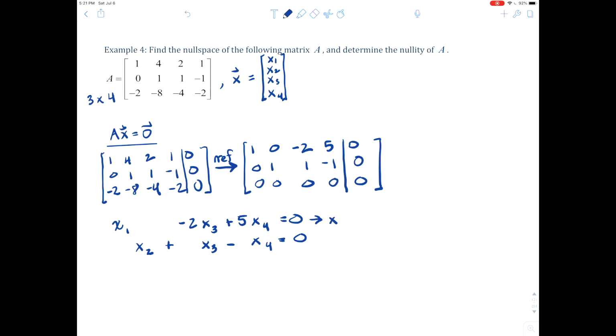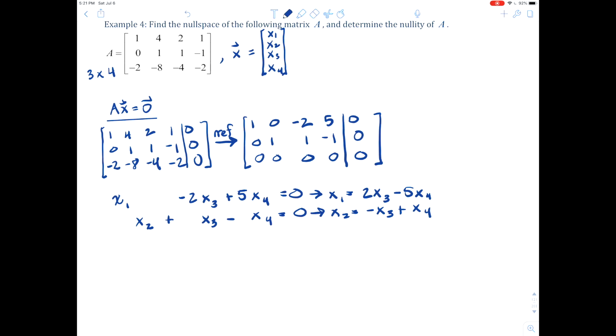Well, if I isolate x1, I would have 2x3 minus 5x4. And if I isolate x2, I'll have negative x3 plus x4.